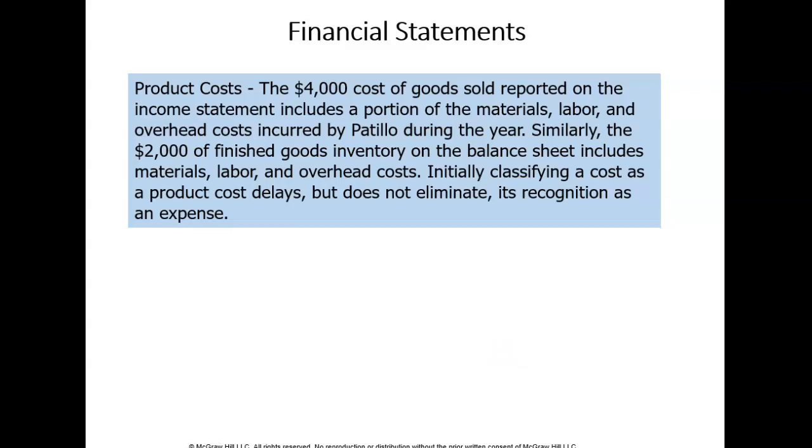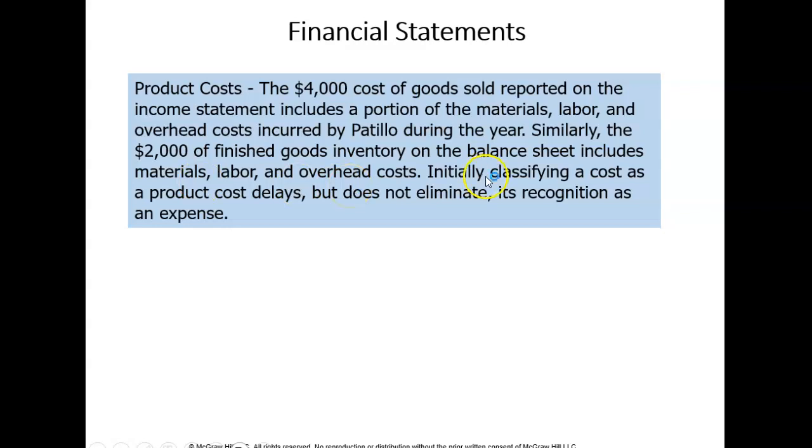Okay, so let's break it down even further. The 4,000 cost of goods sold reported consists of your material costs, your labor costs, and overhead costs, also known as your product cost. And similarly, the 2,000 finished goods inventory on the balance sheet also consists of your material costs, labor costs, and your overhead costs.